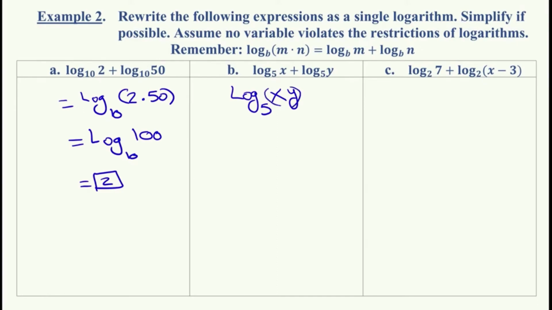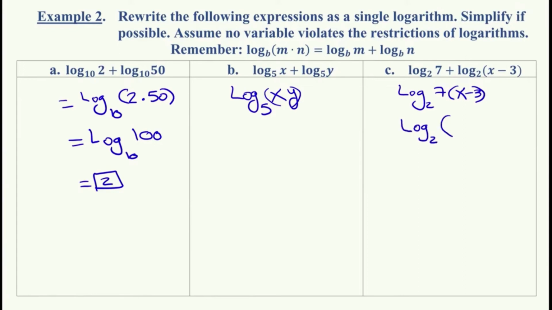All right. So here, of course, this 7 is going to play the role of m, and this entire factor, not part of it, but the entire factor, is going to play the role of n. So we're going to get log base 2 of 7 times (x minus 3). Now the only other thing we can do is distribute that.